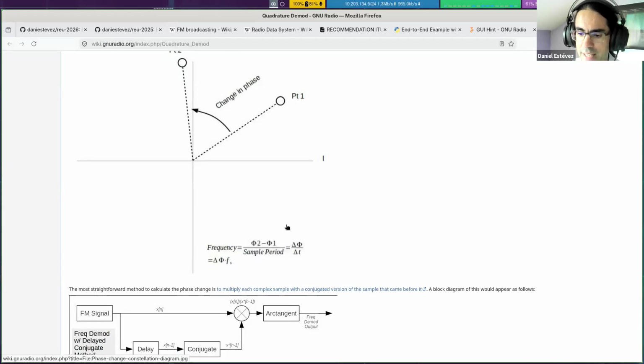If we want to scale that properly, then we need to divide by whatever quantity is the sample period, and maybe adjust units, because usually these phases are in radians, but we express frequency in hertz. So we need to divide by 2 pi to convert radians into cycles.